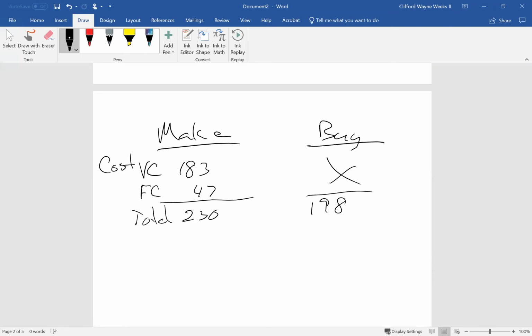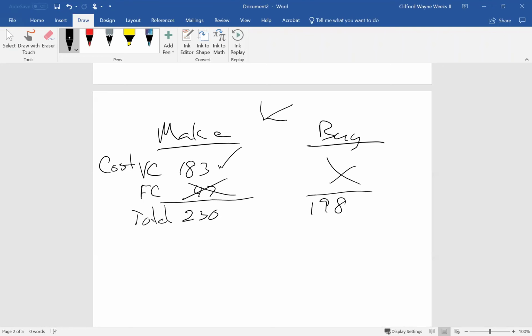And so the question is, is the variable cost relevant? The answer is yes, because of our variable cost components. If we make it, we're going to incur it. But fixed is not relevant. So we really should not be taking this into account when we're trying to decide between the make or the buy decision.